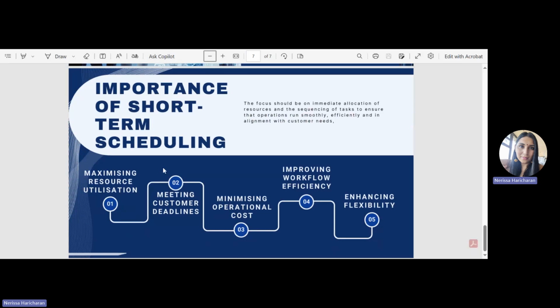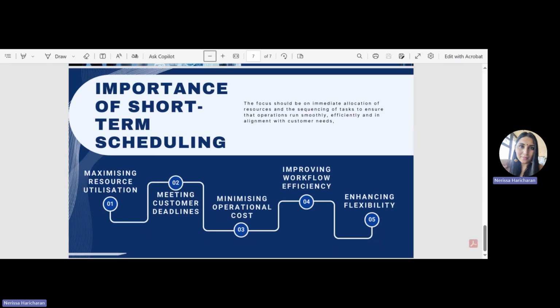Then we want to talk about the importance of scheduling, short-term scheduling. Short-term scheduling obviously plays a very important role when we're looking at it from a day-to-day operations perspective, of any business, especially whether it's in a manufacturing industry, a service industry, a logistics industry.